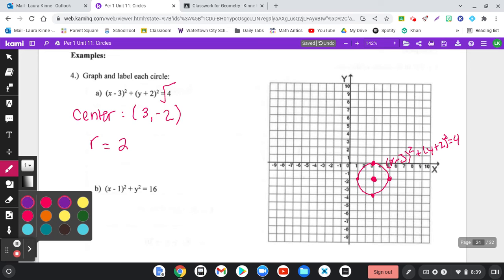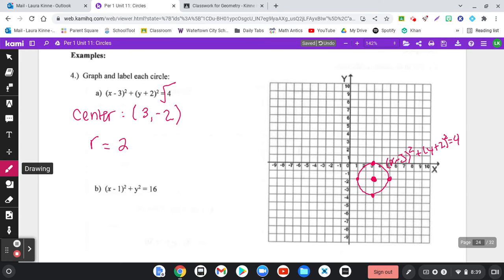All right, so on part B here, your center would be positive 1 and 0. And your radius is the square root of 16, which would be 4. So we're going to start at 1, 0.